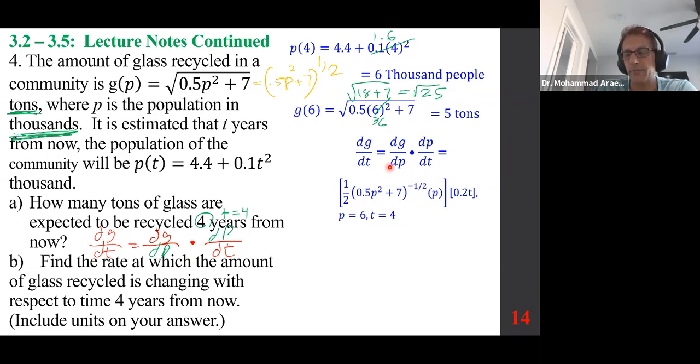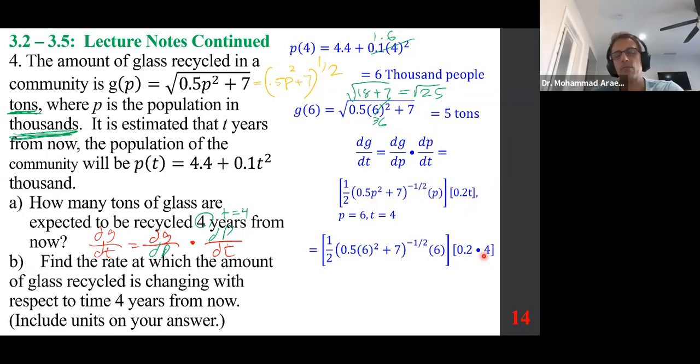So let's plug in. So 1/2, 0.5, P is 6 squared. This is 7. Everything is there. Just replace the P with 6 and t with 4 and evaluate. Now, this one, we've already done that. So this thing becomes 25, everybody.